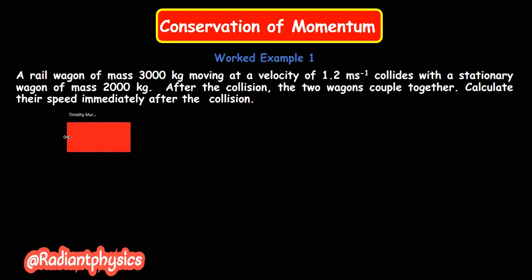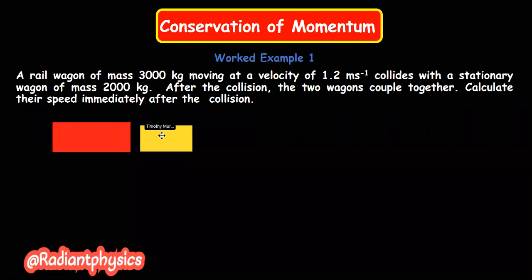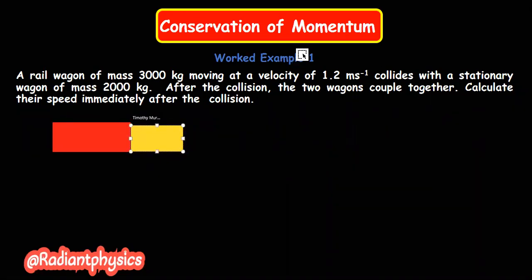A rail wagon of mass 3,000 kilograms moving with a velocity of this, and then this is the second wagon that it collides with. So let's put the second wagon here. This is showing the collision.